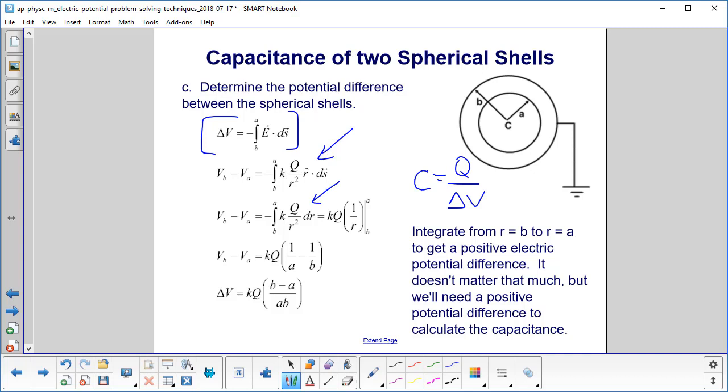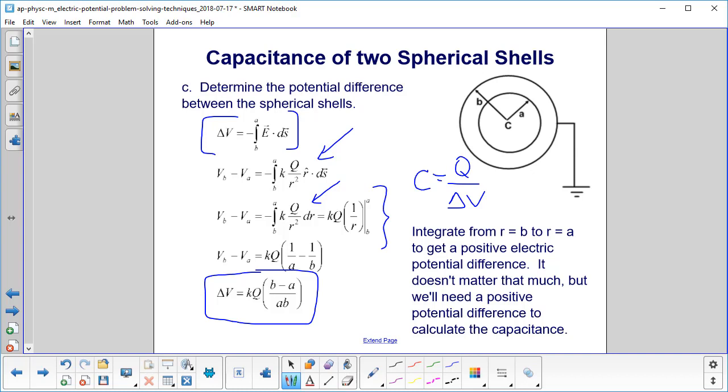We take out the constants, and then when you integrate 1 over r squared, you get a negative 1 over r, so the signs cancel, and we're evaluating this integral between A and B. A little algebra here, and we get the potential difference between the two shells as KQ, parentheses B minus A over AB.